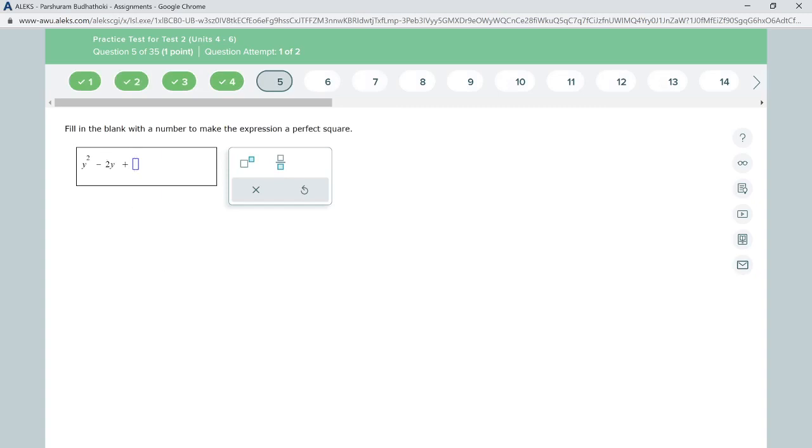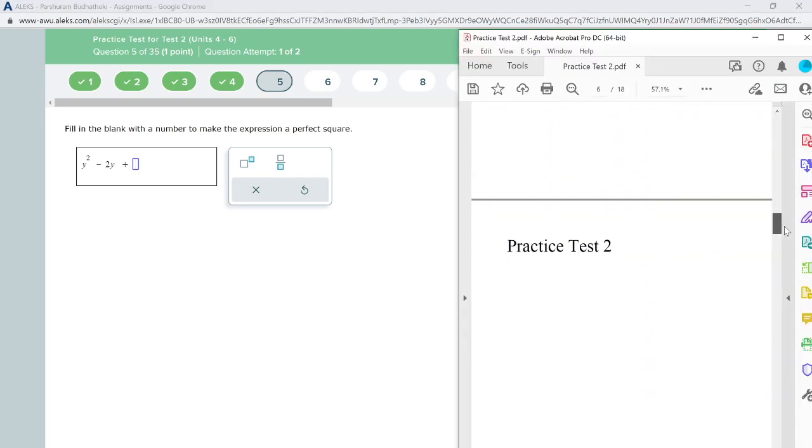Okay, fill in the blank with the number to make the expression a perfect square. Whenever you see the square term and the variable with power 1, you can complete the square by adding a number. To find this number, you just have to divide the number in front of y by 2 and then square it.